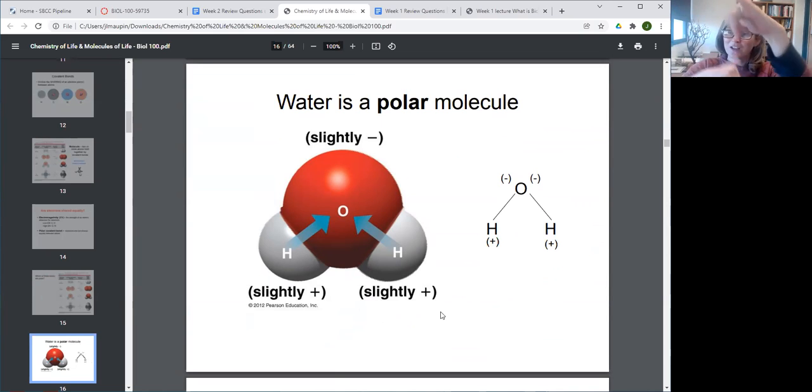So water molecules will be attracted to other water molecules at opposite charges. I always use my hands like this. The hydrogens of one water molecule are partially positive. The oxygen is partially negative. So when the water molecules are near each other, the positive parts of one are attracted to the negative ends of the other.